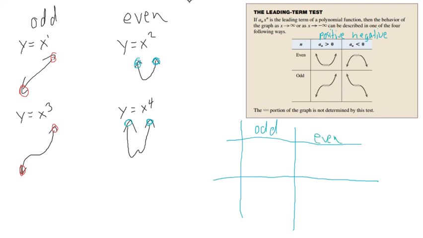I'll put positive here, and I'll put negative here. So odd, we already have that, looks like this. Even looks like this. So these are the two examples that we've already done.